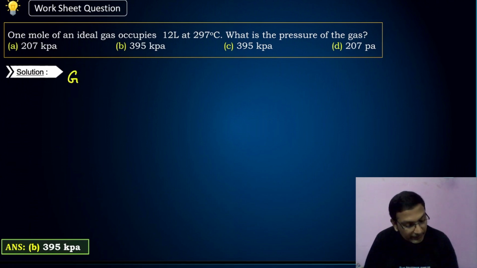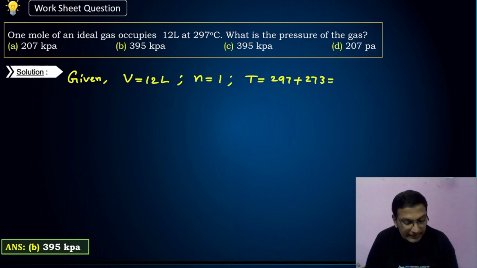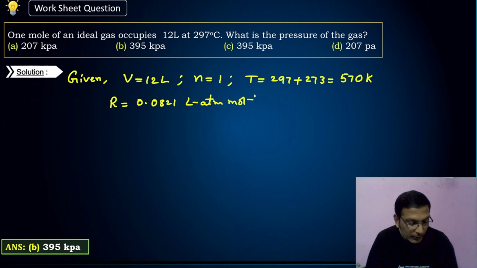Given volume equals 12 liters, number of moles 1 mole, temperature 297 plus 273 in kelvins, which is 570 kelvins, and R value 0.0821 liter atmosphere mole inverse kelvin inverse.